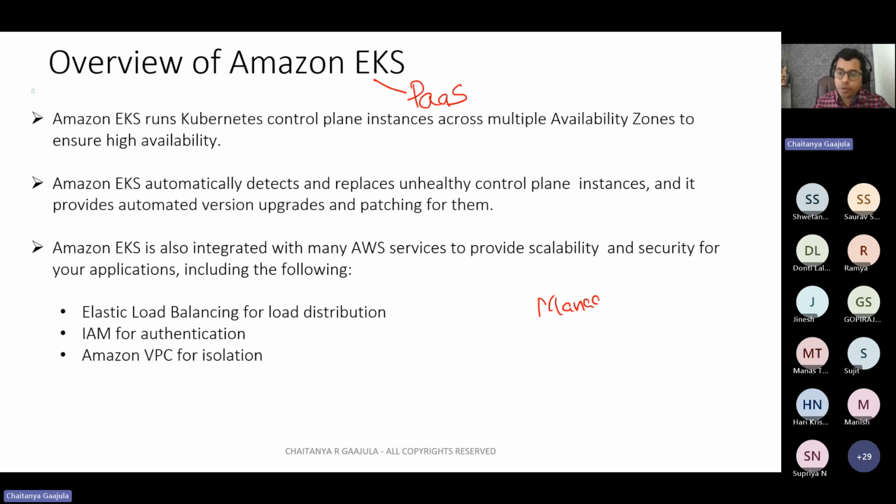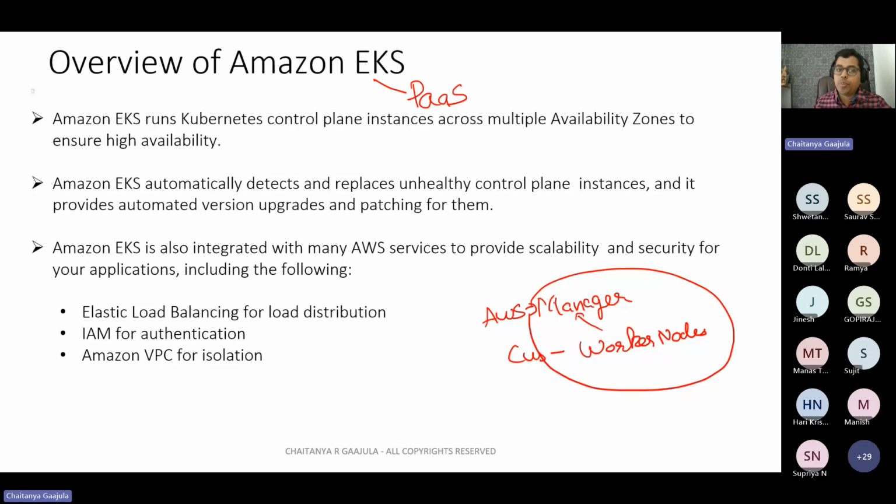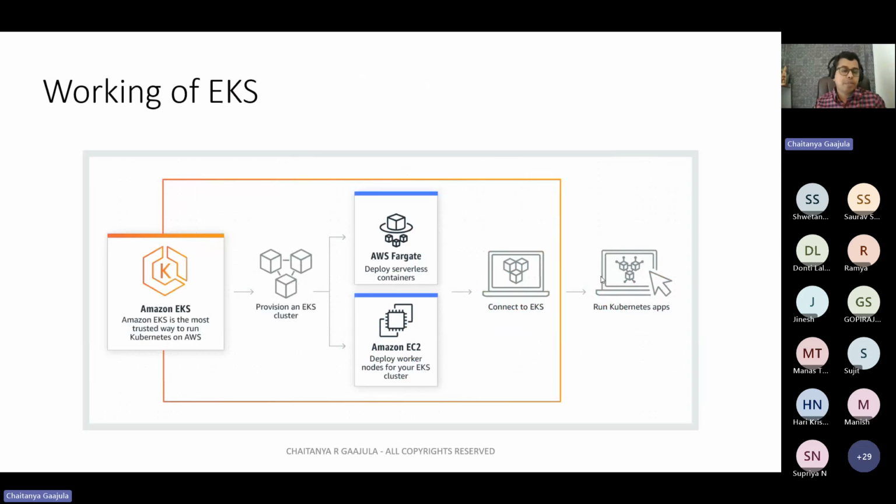So AWS would manage the manager. And as a customer, you can either manage the worker nodes, or if you do not want to manage this, even that could be managed by AWS. Both could be managed under different models. And there would be multiple managers, like 3 managers, and you don't get access to the manager.